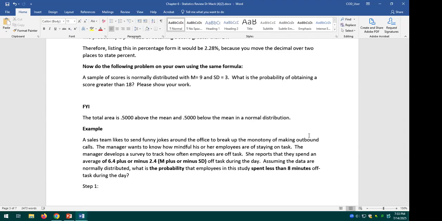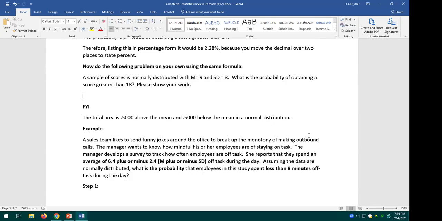Mostly, yes. So remember the formula, if you just pull up the formula again: it's always z is equal to x minus M, which we did, 18 minus 9 just now, which gave us 9. And our standard deviation was 3, which is why z was equal to 3.